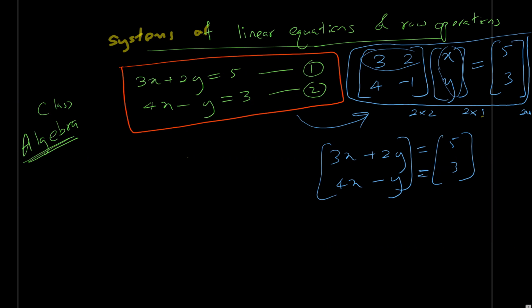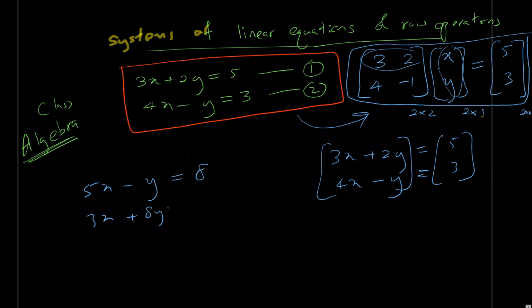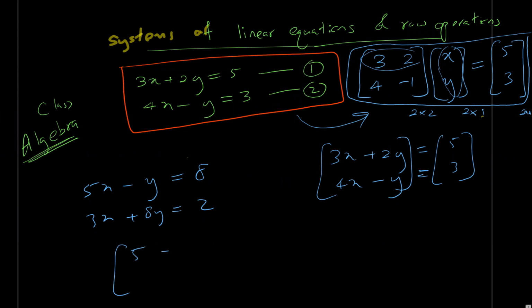But before we do row operations, let's take another example: 5x minus y equals 8, 3x plus 8y equals 2. A system like this: 5, negative 1, 3, 8, times x, y, equals 8, 2. Simple as that.